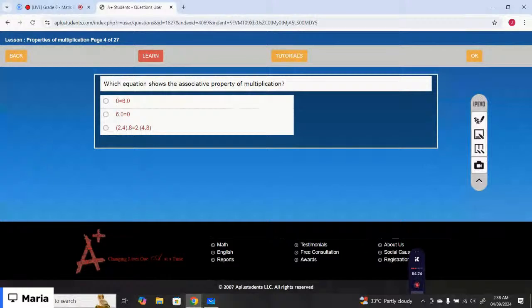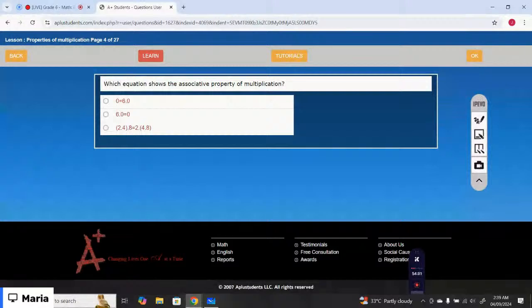For addition, it is 0. That is the difference between the identity property of addition and multiplication. For multiplication, when you multiply any number by 1, the number stays the same. And for addition, when you add 0 to any number, the number stays the same. So that is 0. Got it?